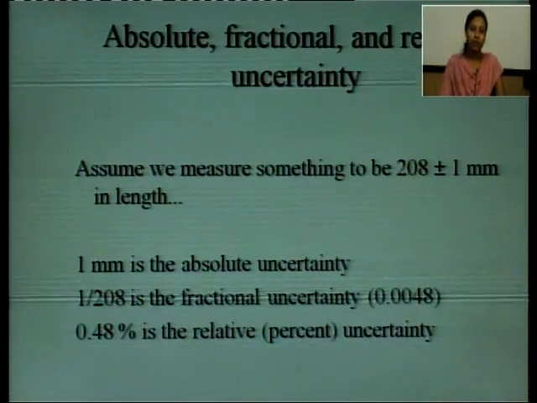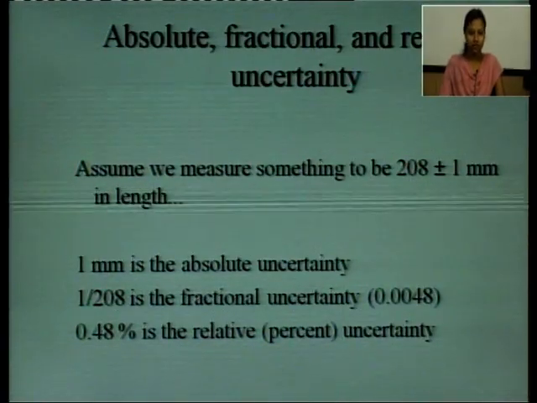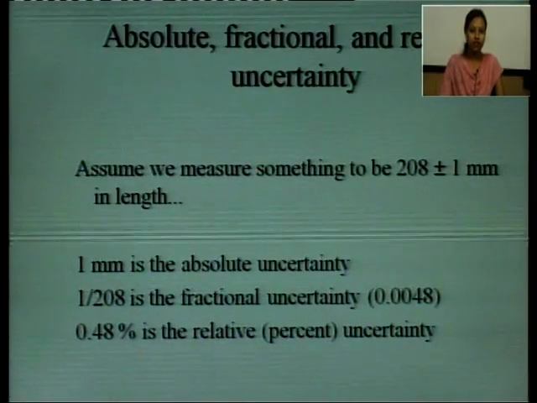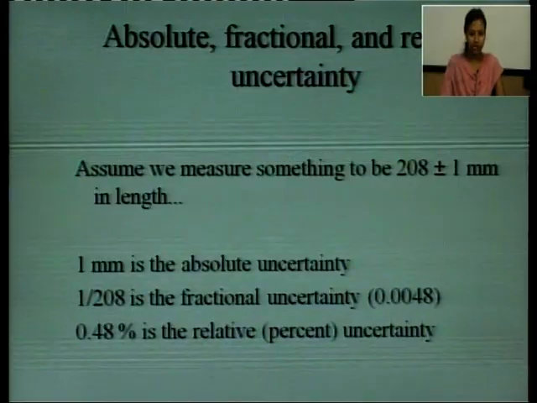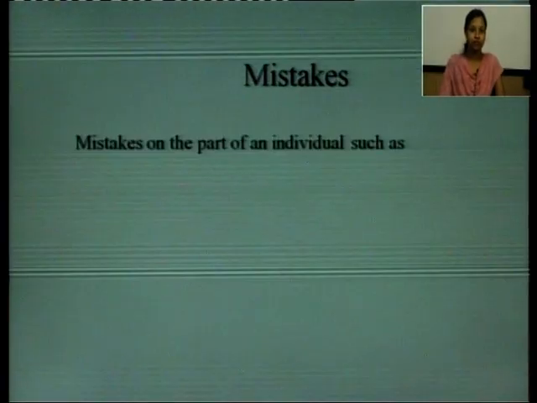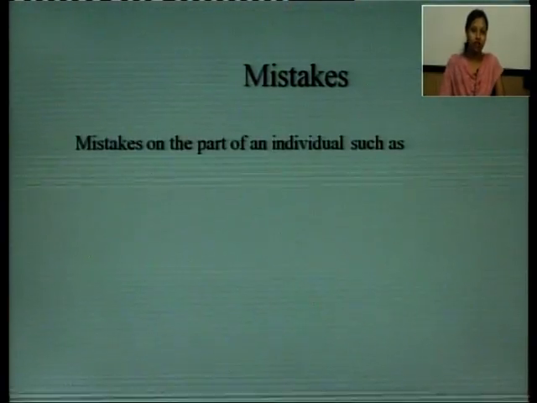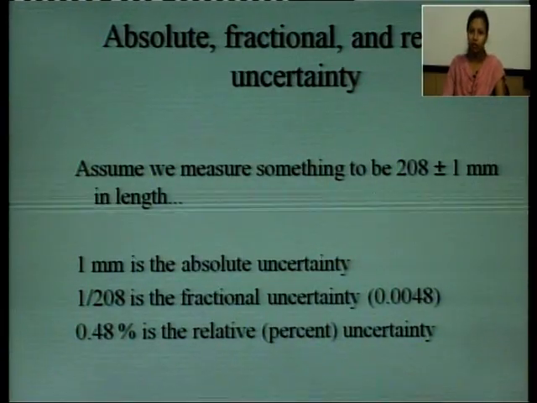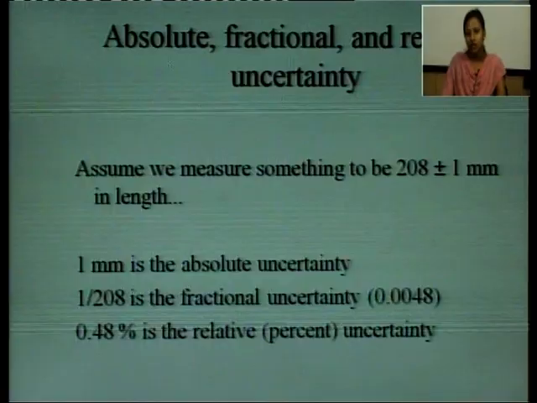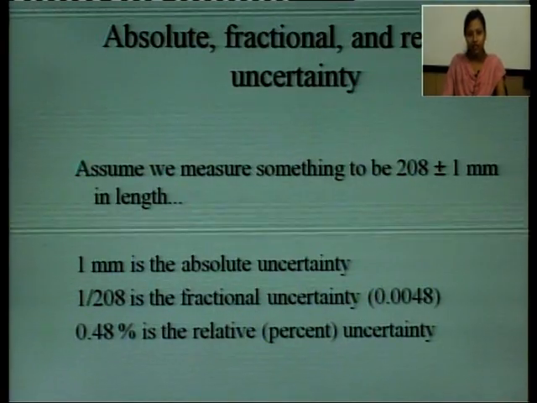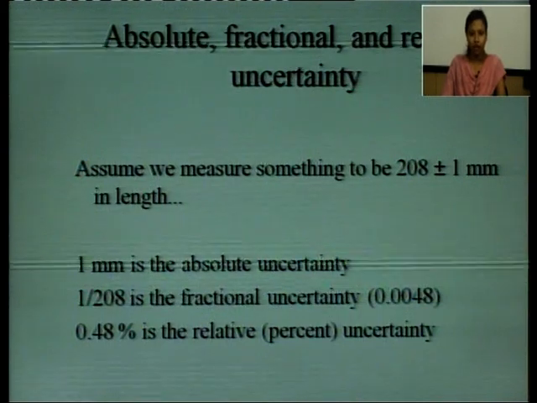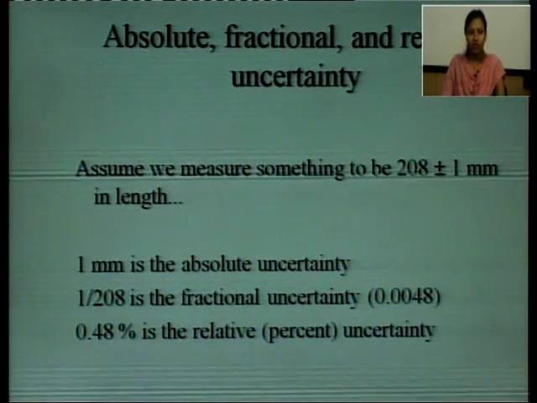Multiplying by 100 gives the percentage uncertainty, which is 0.48%. For the second measurement, it comes out to be 50% percentage uncertainty. So the second measurement is not accurate as compared to the first one.